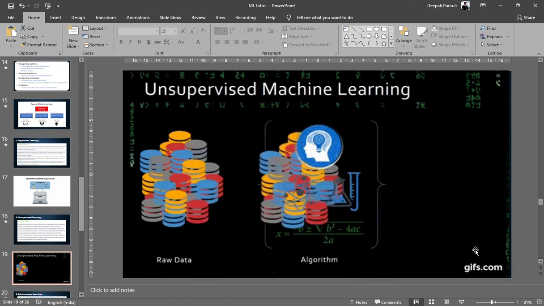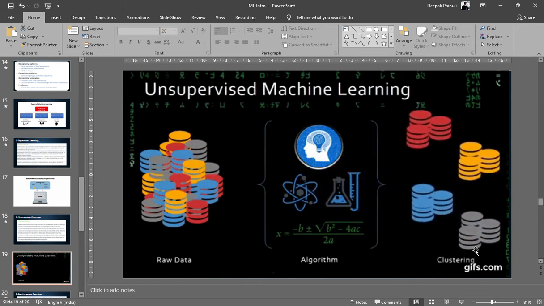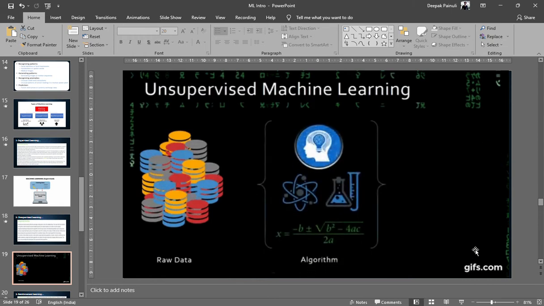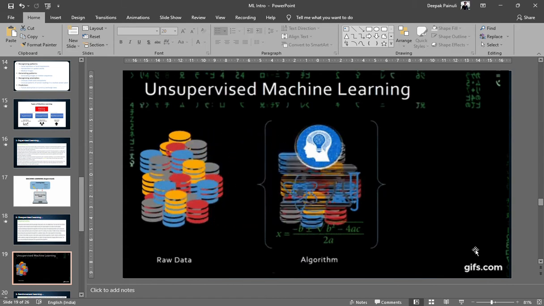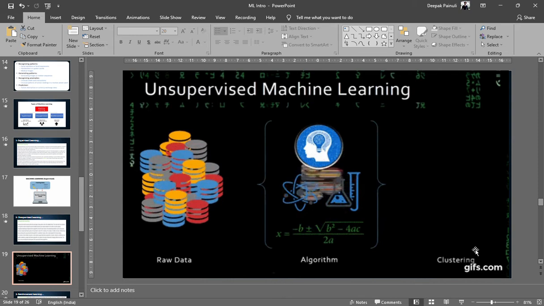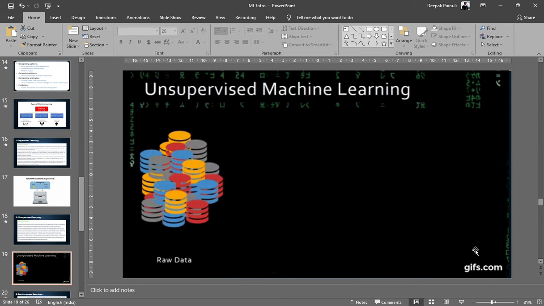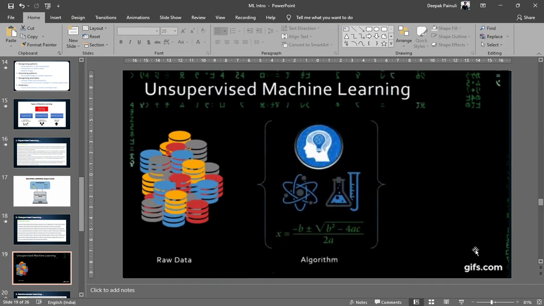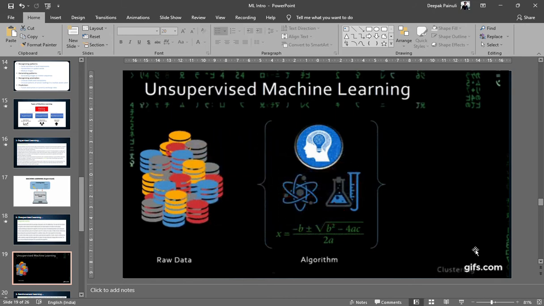We throw some raw data to our clustering algorithm, or unsupervised machine learning algorithm, and according to some similarity rules, it will cluster them into multiple groups. You can see in the image that it is separating clusters on the basis of similarities. So this is how unsupervised machine learning works. I think this is clear to you.